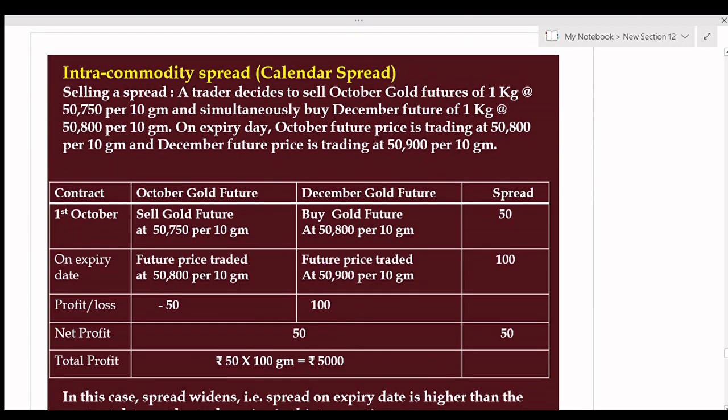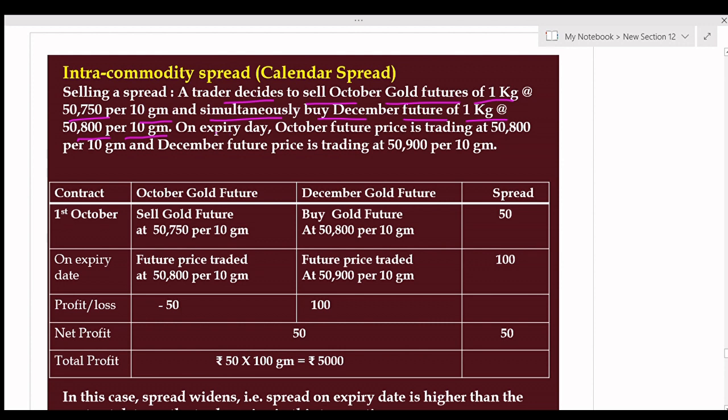Intra-commodity spread, calendar spread. Selling a trade. A trader decides to sell October gold future of 1 kg at the rate of rupees 50,750 per 10 gram and simultaneously buy December future of 1 kg at the rate of rupees 50,800 per 10 gram.